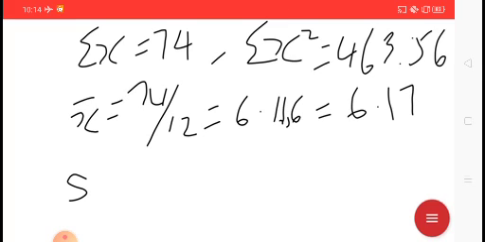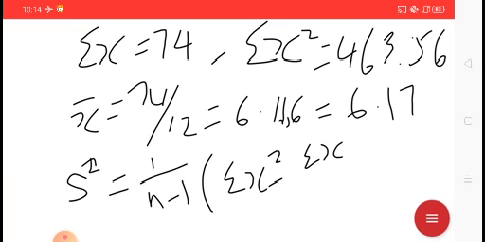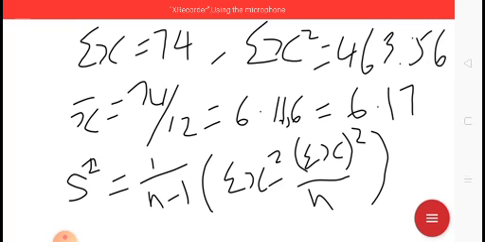And don't forget, your unbiased variance will be equal to 1 over n minus 1, times the sum of x squared minus the sum of x squared over n. You will have this formula, and same thing, you just put the values inside and calculate.